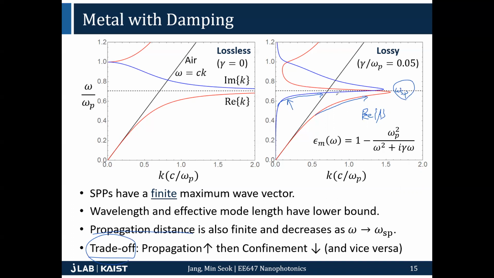Vice versa, if you go to an omega far away from omega sp, then of course you have almost negligible loss, but at the same time, the confinement factor is also not too high. So there is a trade-off between propagation length and the confinement factor.